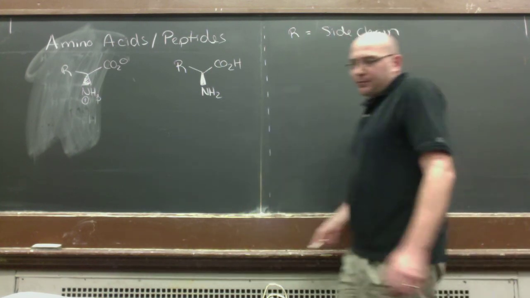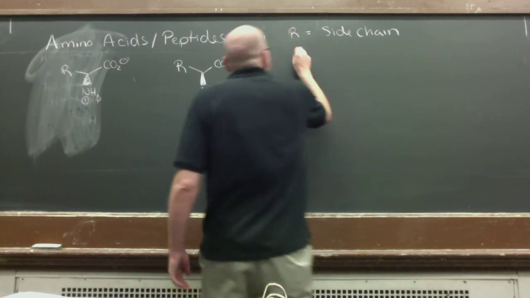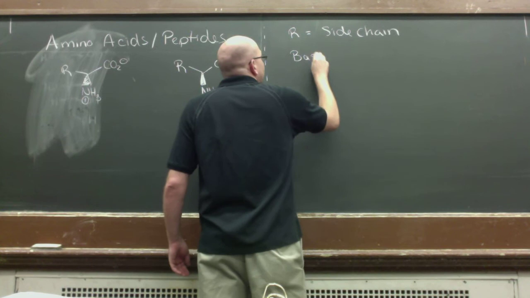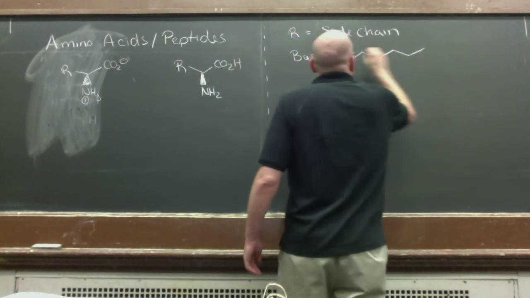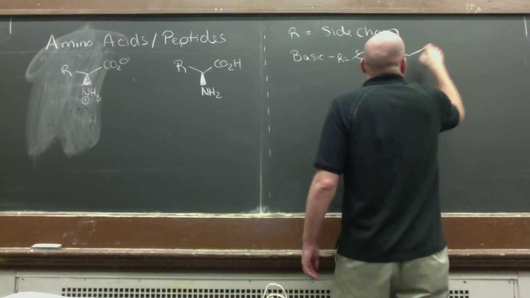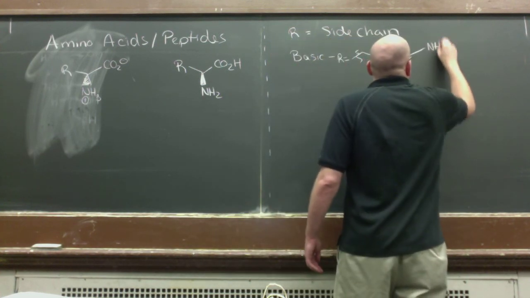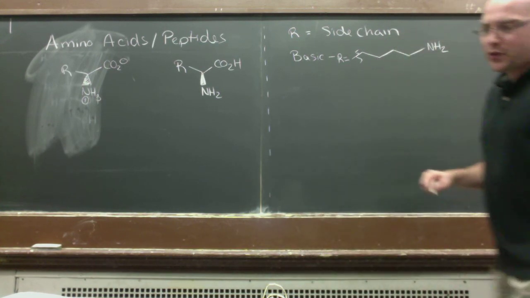They can be basic. So an example of a basic one is sort of an amino side chain. So this is lysine.